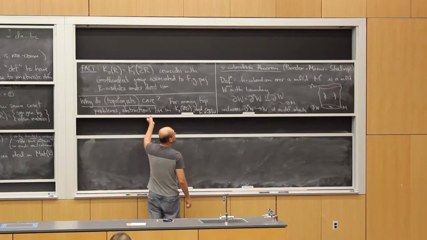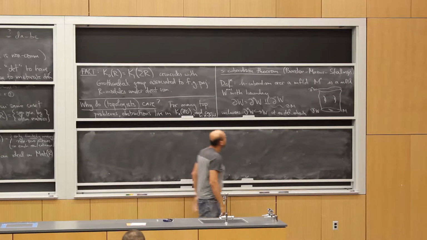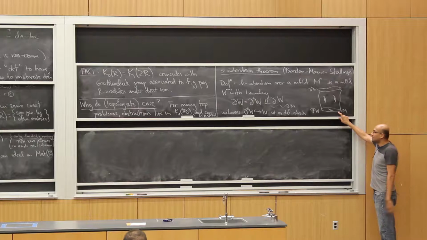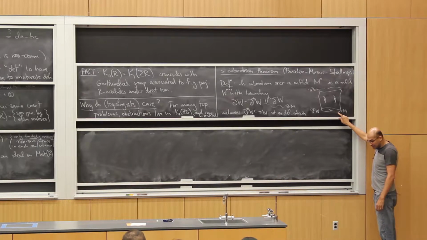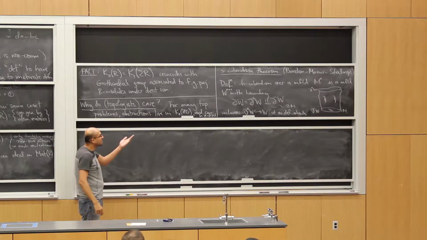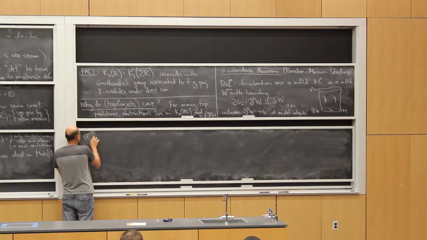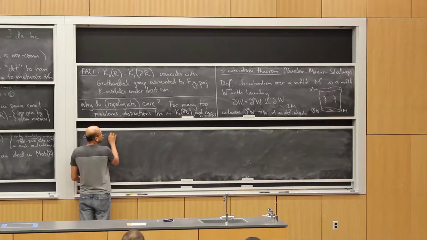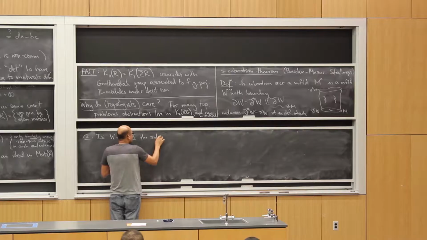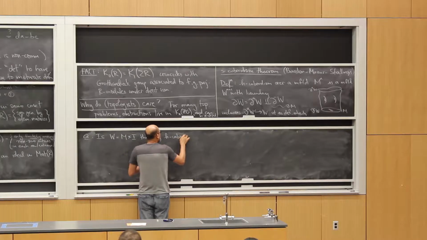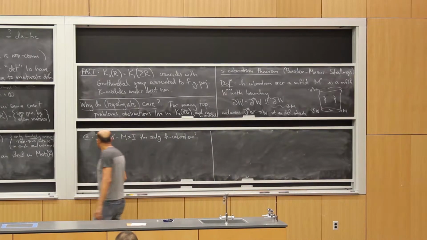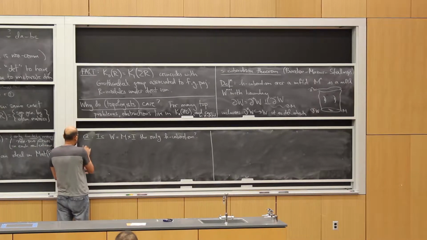So in the case where M is simply connected and high dimensional, I think you need dimension at least 5 for M, the question is whether W must be M cross I, the only h-cobordism.